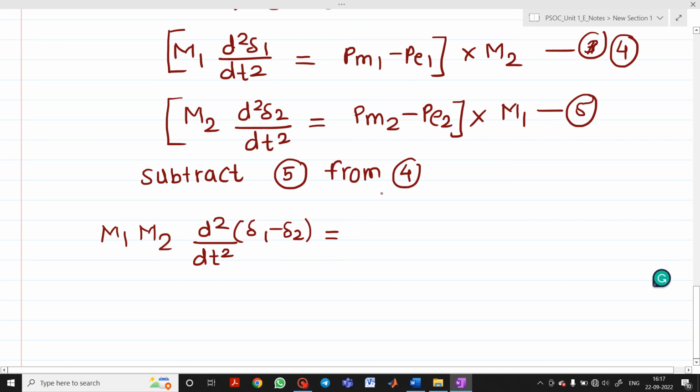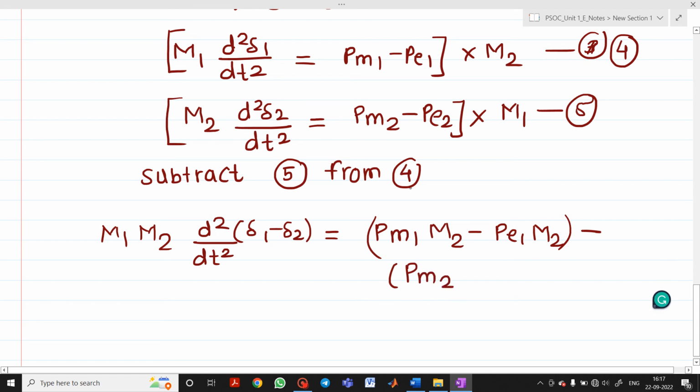Now what is to be there on the right hand side? I will write PM1 into M2 minus PE1 into M2, and I am going to subtract equation 5 from 4, so minus PM2 into M1 minus PE2 into M1.